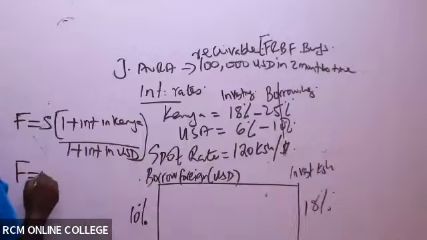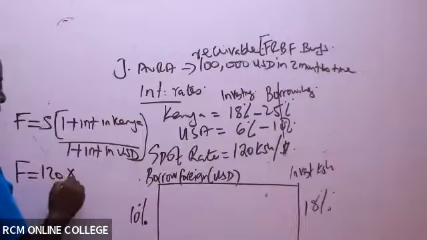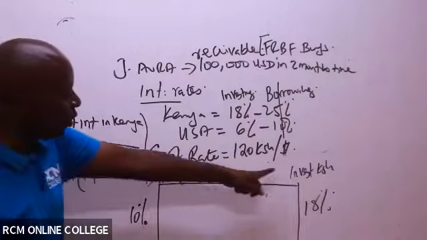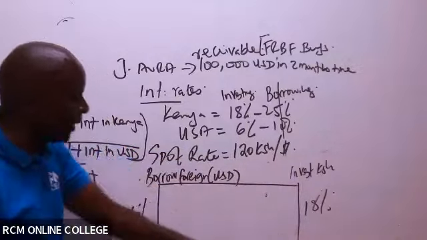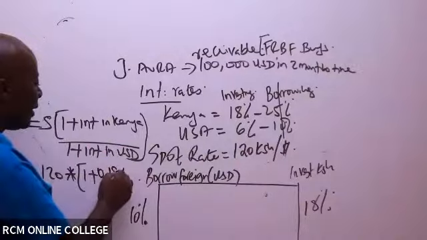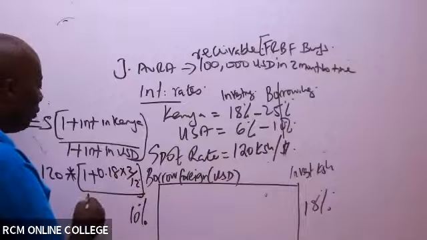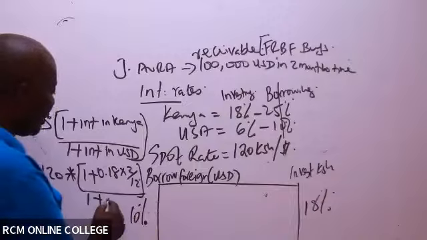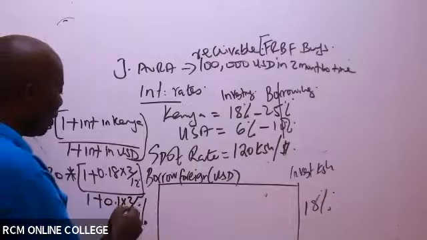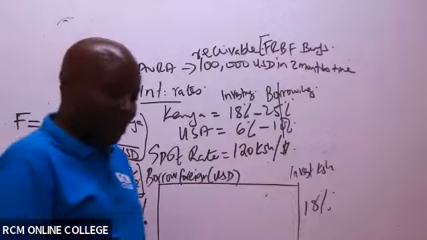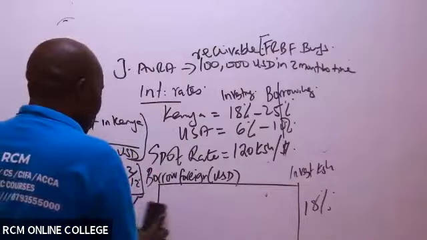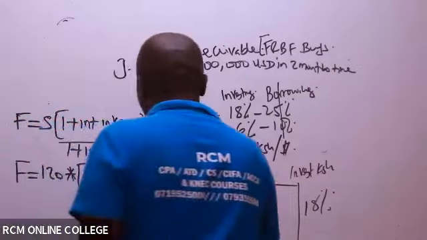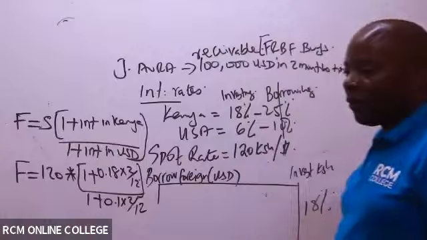Then this F will be spot, 120, times 1 plus interest in Kenya, 0.18 times 2 over 12, all over 1 plus interest in USD, 0.1 times 2 over 12.